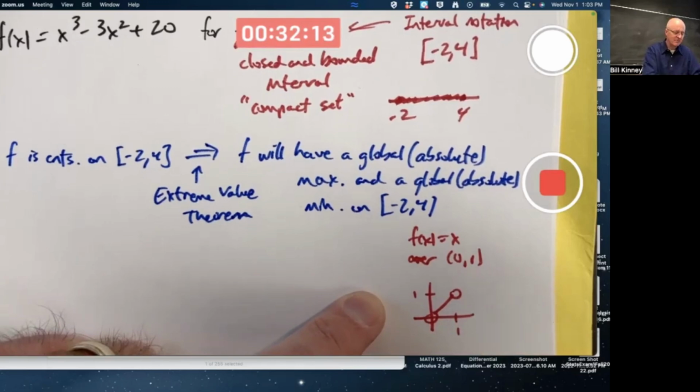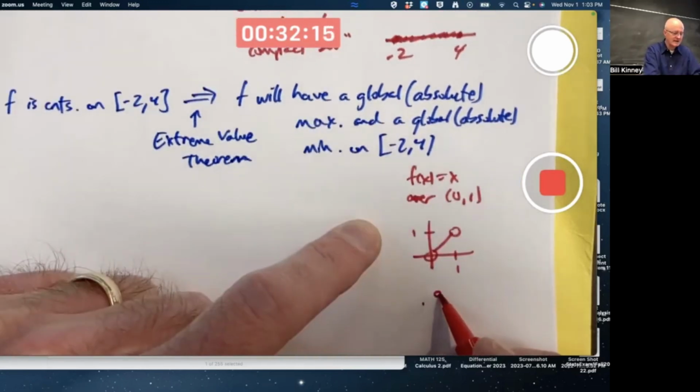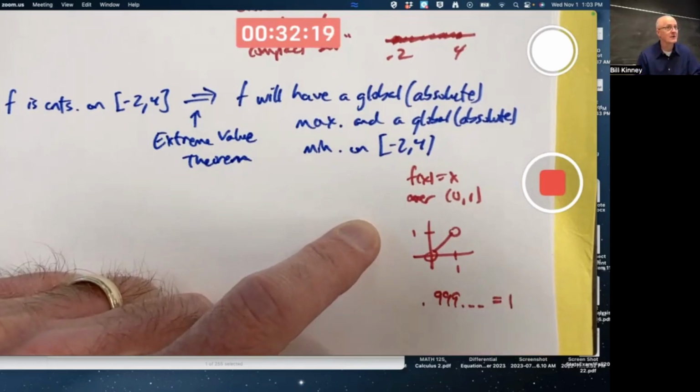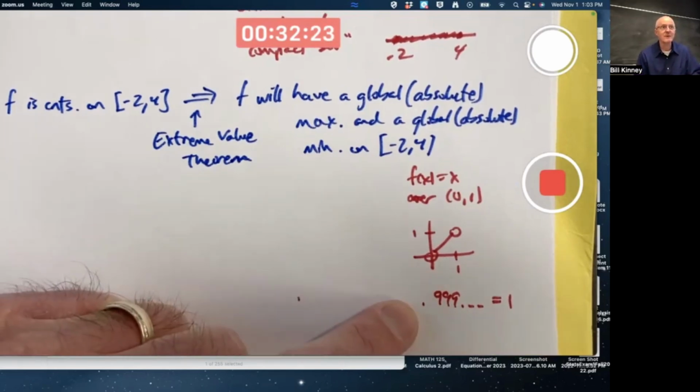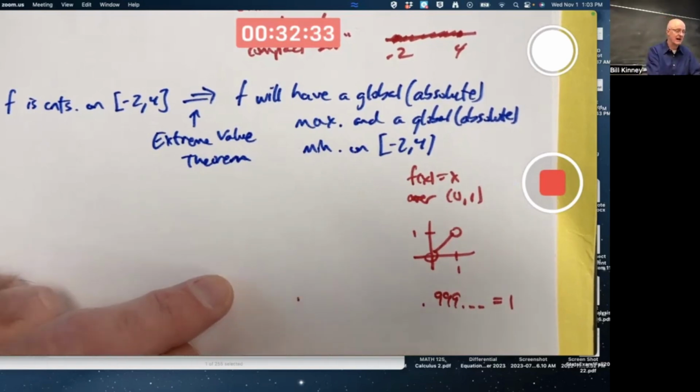That's in spite of the fact that 0.9 repeating does in fact equal 1, but I never said we're getting to 0.9 repeating. You want to argue with me about that? We can talk after class. It does. 0.9 repeating does equal 1 for sure, guaranteed. Okay, and I can explain why after class if you're interested.